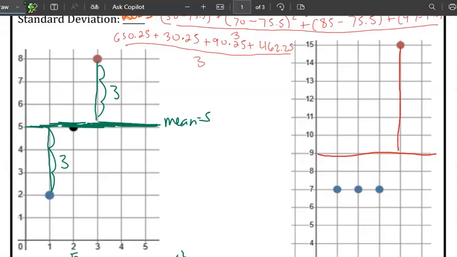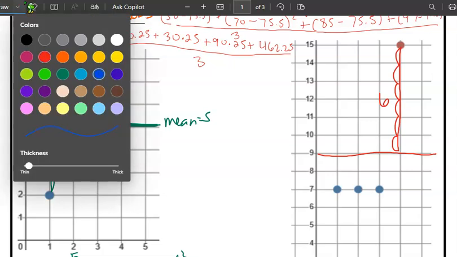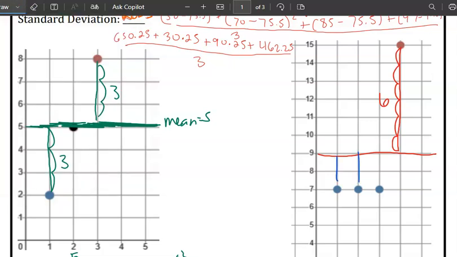Now notice, this is 6, and these also add up to 6. If you combine the distance from all the points under the mean and all the points over the mean, they should cancel out and give you 0.